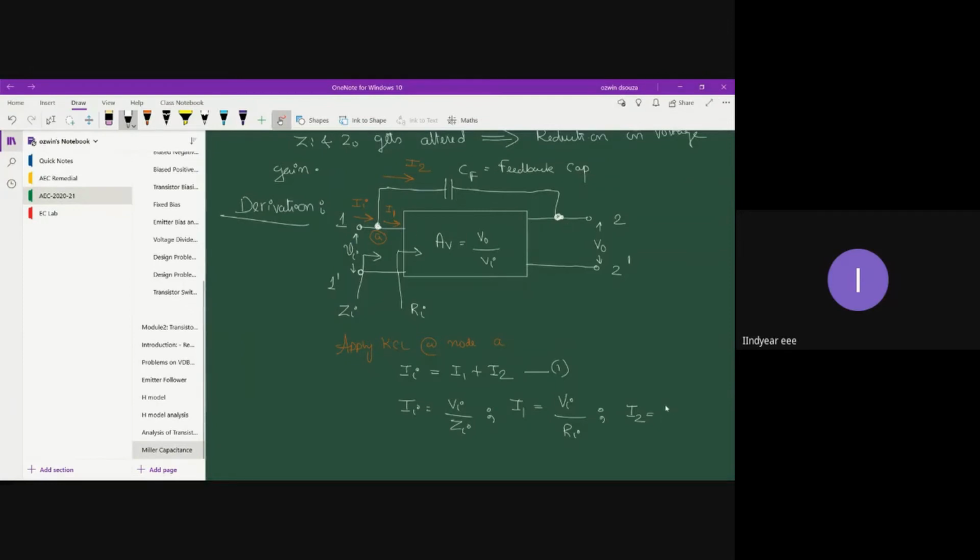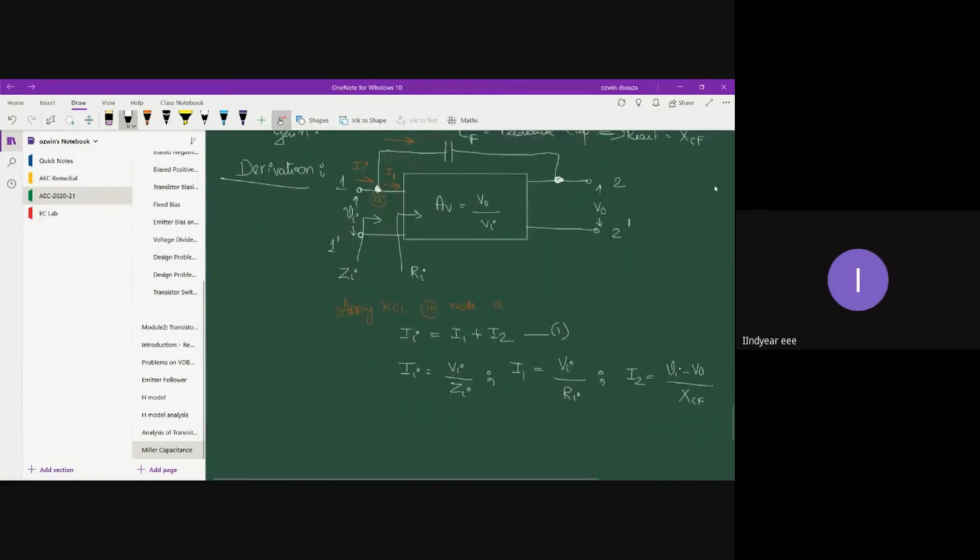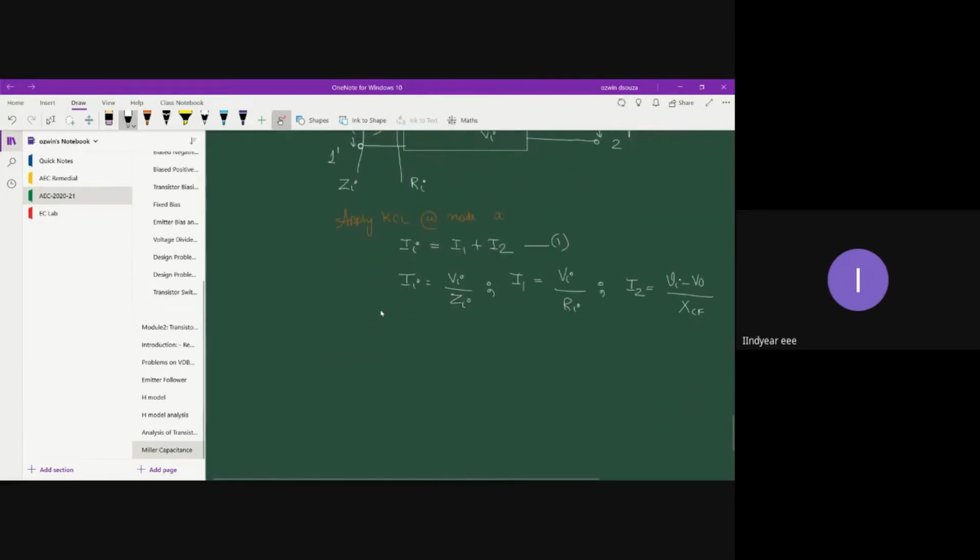So I2 can be written as the difference in potential, Vi minus V0, divided by the reactance of the capacitance. Let's take the reactance as XCF.